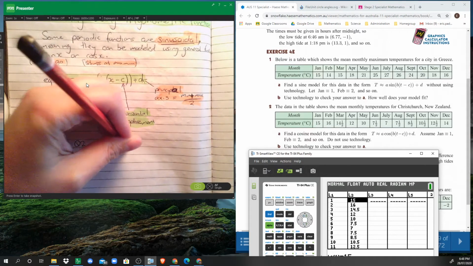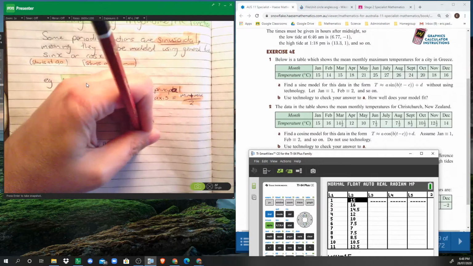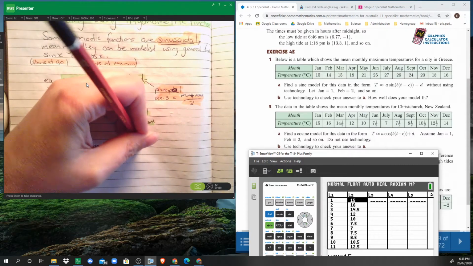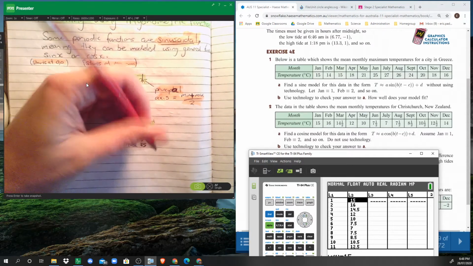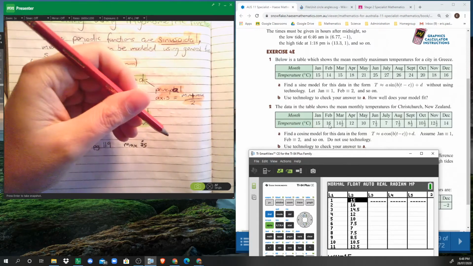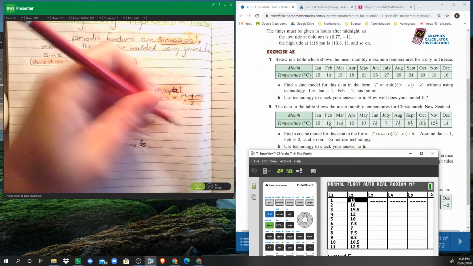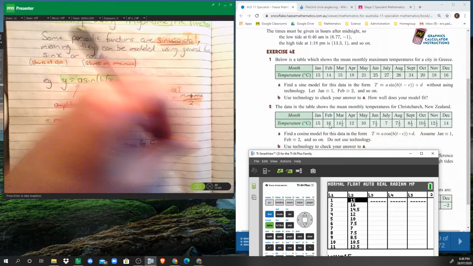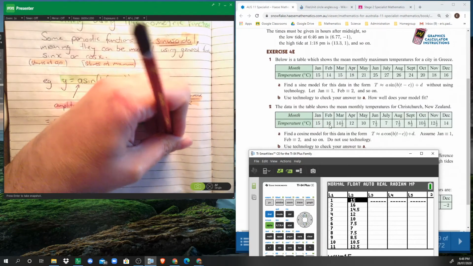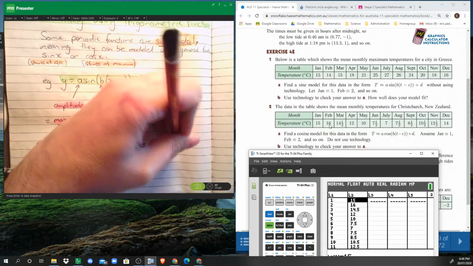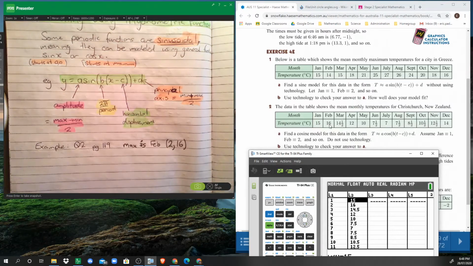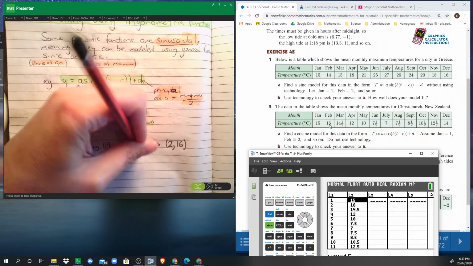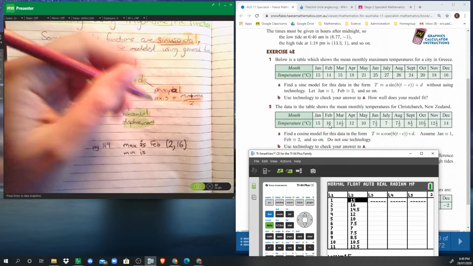Our maximum value occurs in February. So in terms of data point, that is 2 and 16, 16 being the temperature.